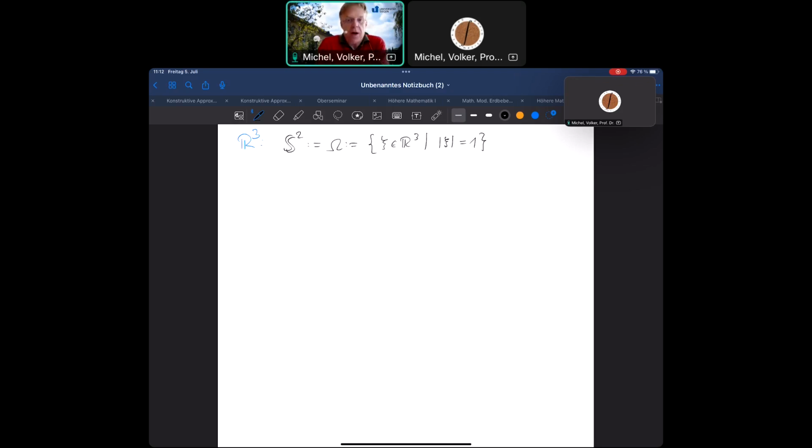As you see here, I write the Euclidean norm with a single vertical line on both sides. And I will also use Greek letters for unit vectors in R3. So I will only talk about the case in R3 on the two sphere, but it's easy to transfer that theory to the d-dimensional space.